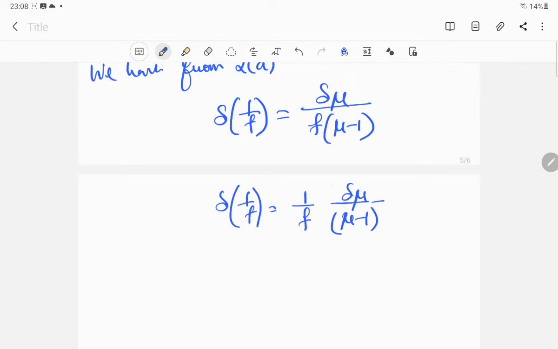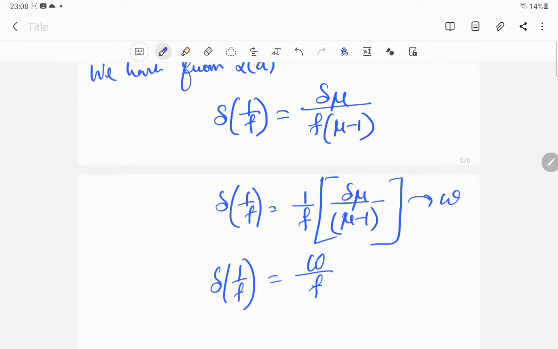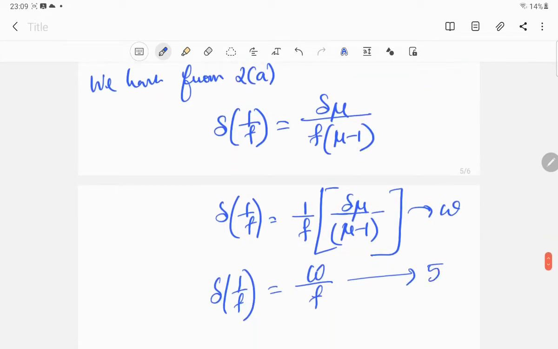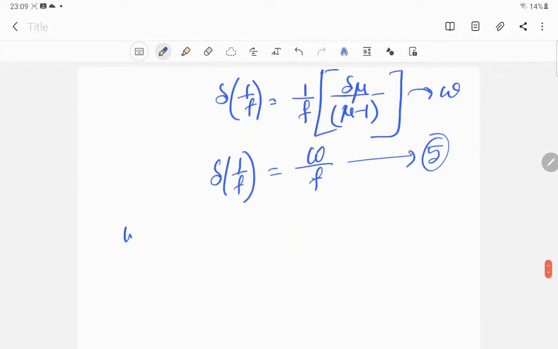So this thing is nothing but the dispersive power of a lens. It is denoted by omega and is called the dispersive power of the lens. So it is omega by f. So del of 1 by f is equal to omega by f. This is equation number 5, where omega equals d mu by mu minus 1. D mu means any color that you have considered.